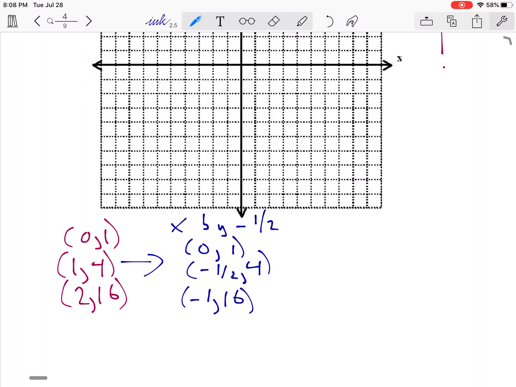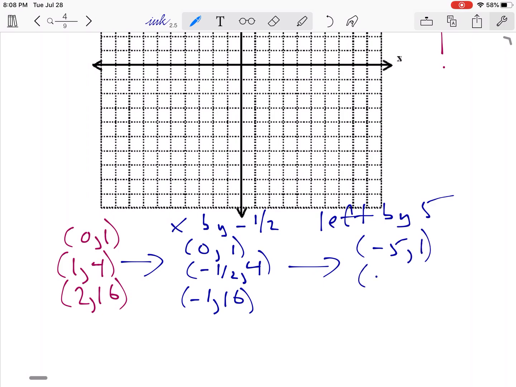There's no vertical stretch, so now let's do a translation. You see how it says x plus 5, so that means you're going left by 5. So your x value, you're going to subtract 5, so you've got -5 and 1.